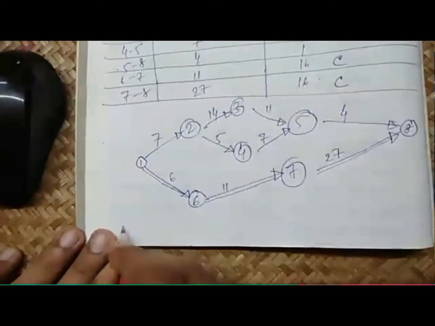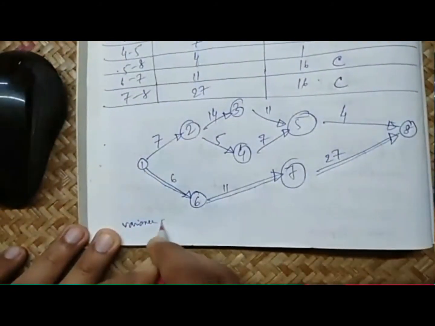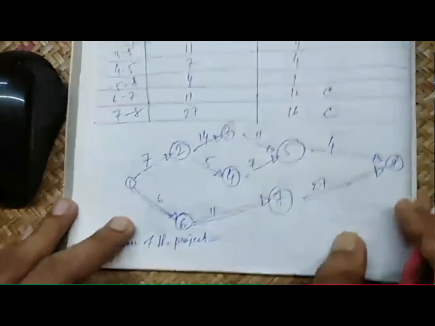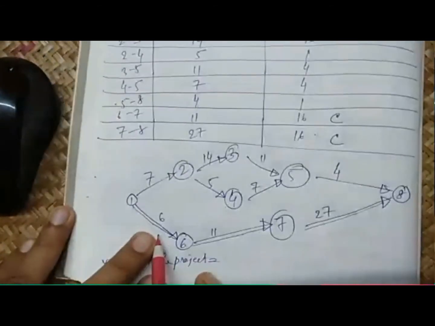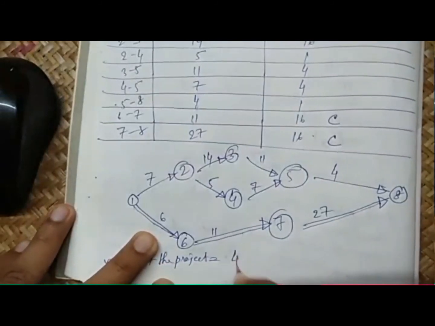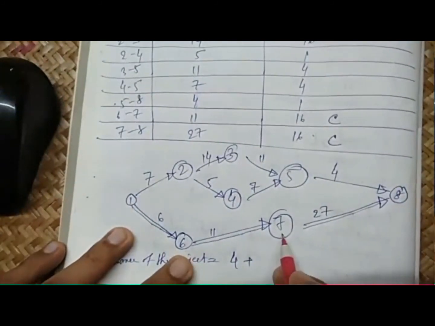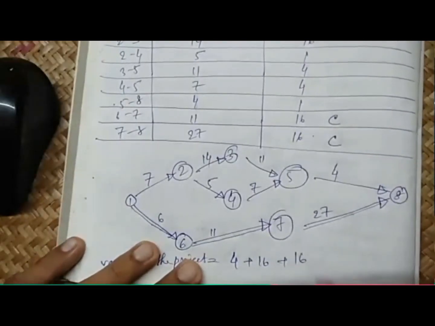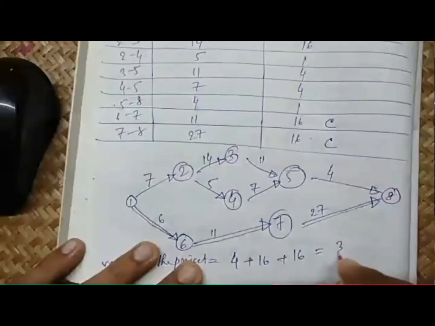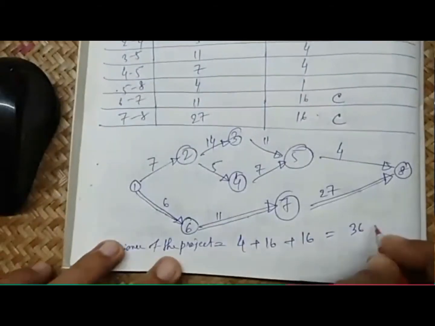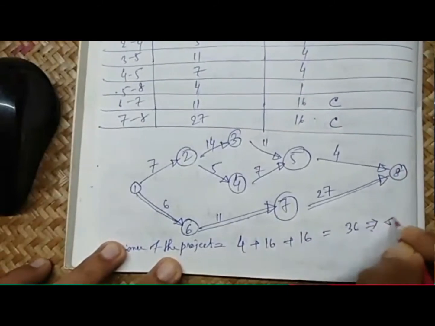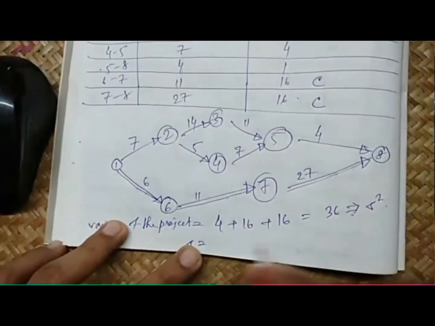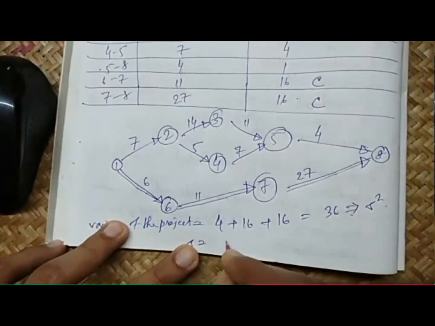The variance of the project will be the sum of the variances of 1-6, which is 4, 6-7, which is 16, and 7-8, which is also 16. So this gives us 36. This is sigma squared, so sigma, the standard deviation, will be 6.